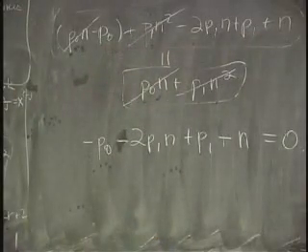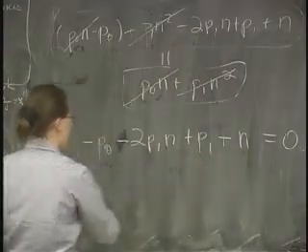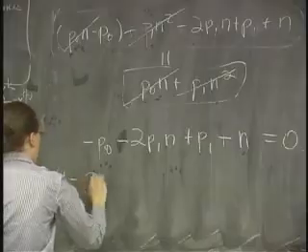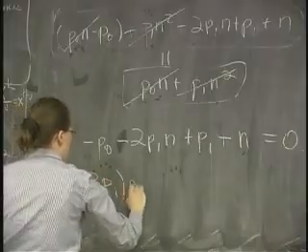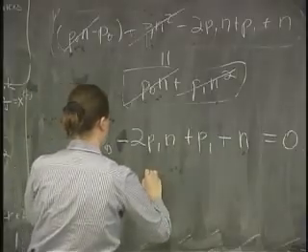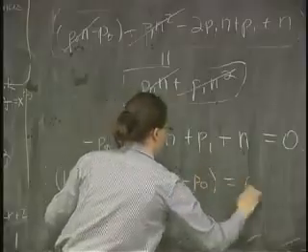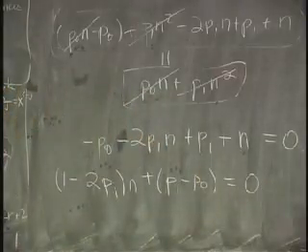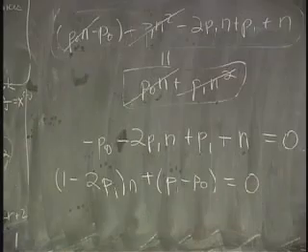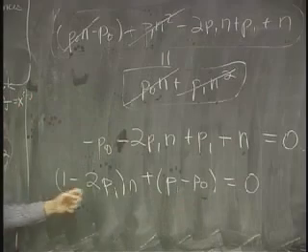Okay, so what I have now, when I do this all out, let's see, the constants on the ends are going to be 1 minus 2p1 times n, plus p1 minus p0. This is supposed to be equal to 0. This has to be true for all n, and so what this means is that p1 minus p0 better be equal to 0, and 1 minus 2p1 better be equal to 0 as well.